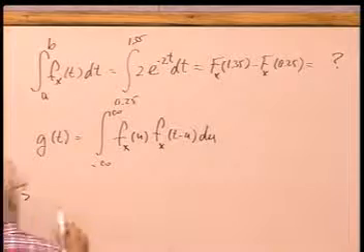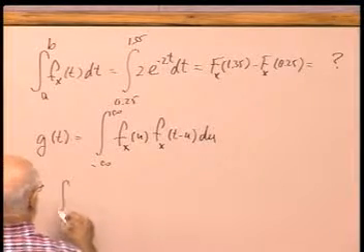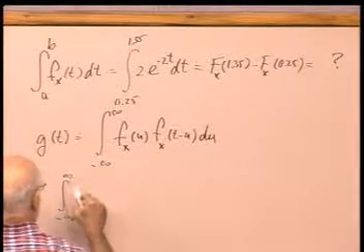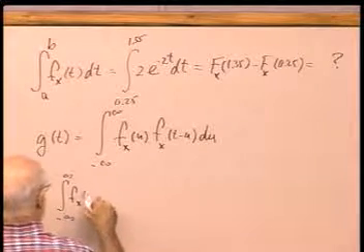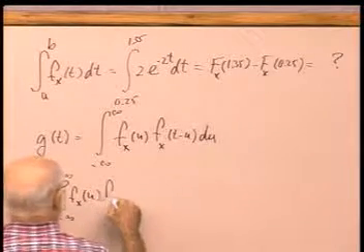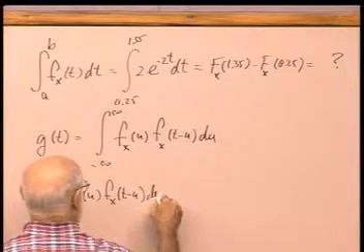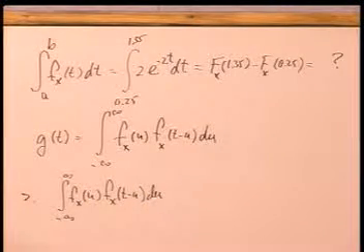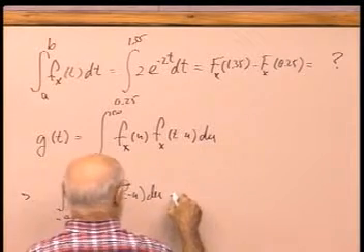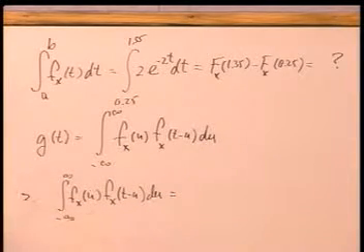Okay, so I want to calculate this integral from minus to plus infinity of density function at u, density function at t minus u, du. And now I'm going to plug in the functions.